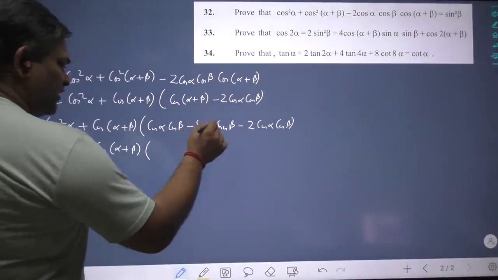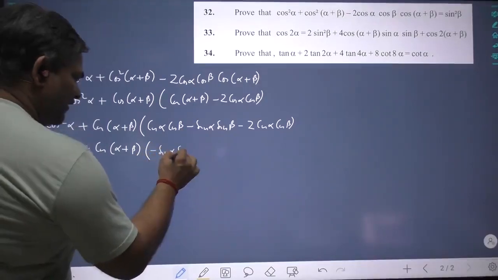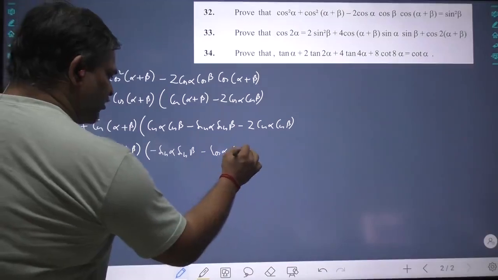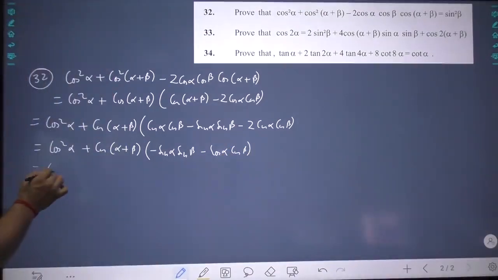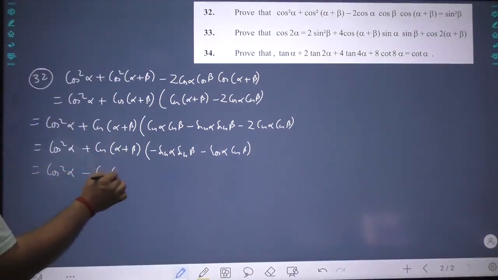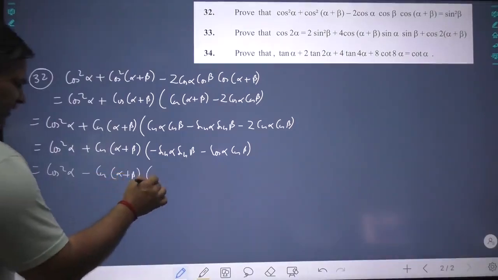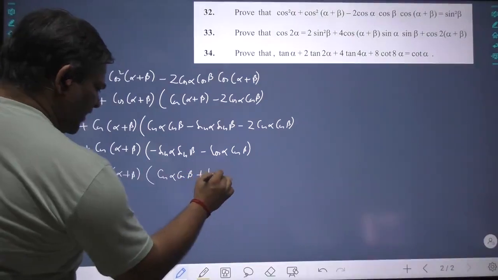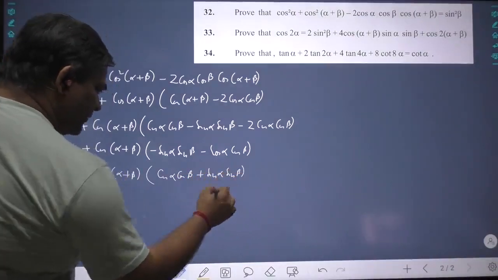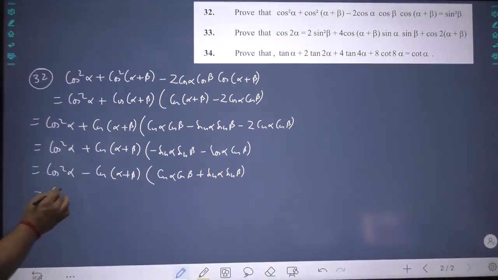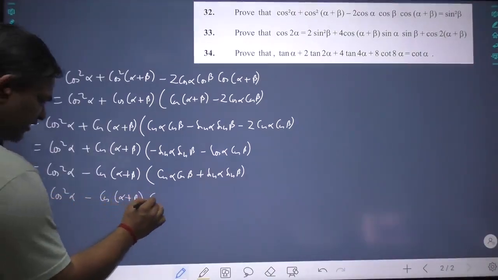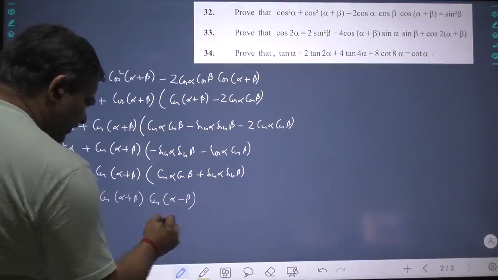Now this gets cancelled, minus sin alpha sin beta minus cos alpha cos beta. Take the minus sign outside, you will get cos alpha plus beta into cos alpha cos beta plus sin alpha sin beta. So this comes out to be cos square alpha minus cos alpha plus beta into cos alpha minus beta.